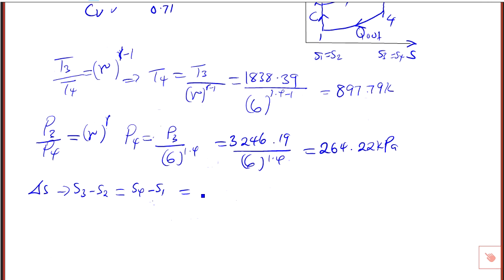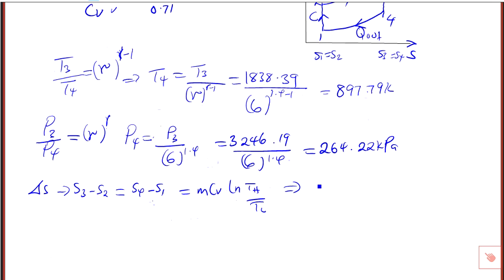So the change in entropy is usually given by mCv ln of T high over T low, the highest temperature over the lowest temperature. This implies that you can calculate the entropy change in two ways.